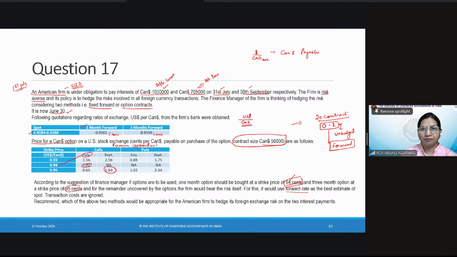But is the option premium also payable after 1 month or after 3 months? The answer is no. Option premium you have to pay upfront, and it will go waste if the option is not exercised.